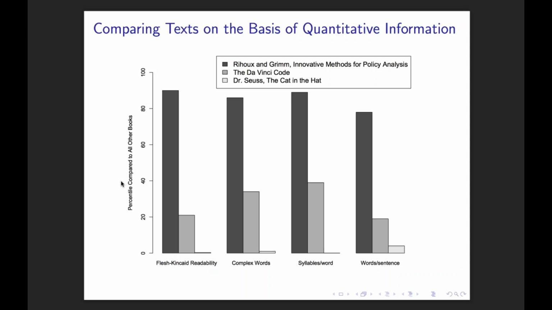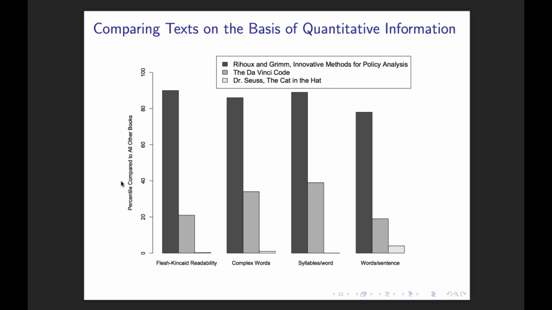So of course, we can then look at these different types of comparison measures across these three different types of texts. So if we look at readability, that is how difficult is it for somebody to read these books, perhaps unsurprisingly, we find that Innovative Methods for Policy Analysis is much more difficult to read than The Cat in the Hat.